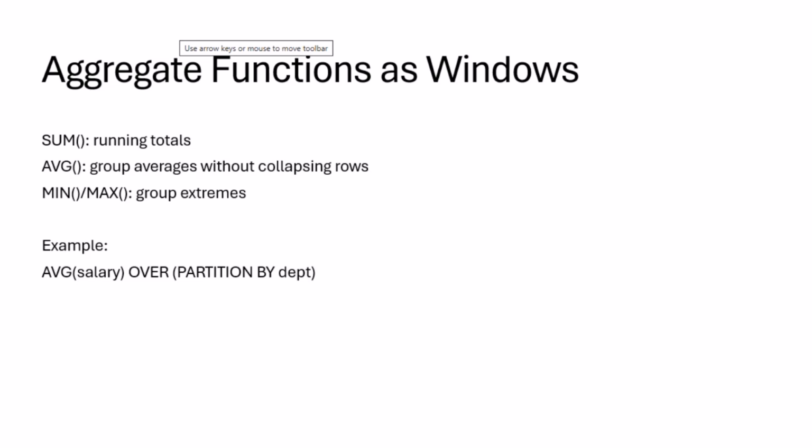So let's say we want to get the average salary per department. Here in this example, we have AVG(salary) OVER (PARTITION BY department). We want to get the average salary by department, but we don't want to collapse the rows.